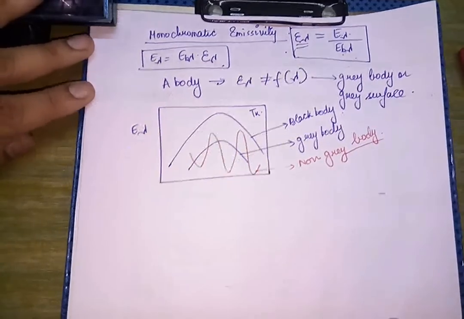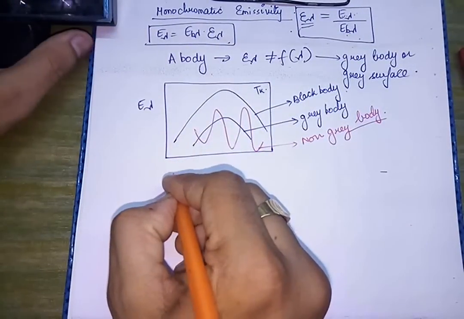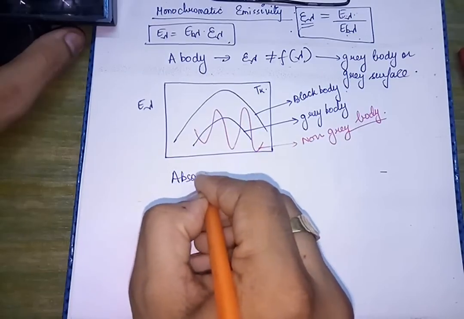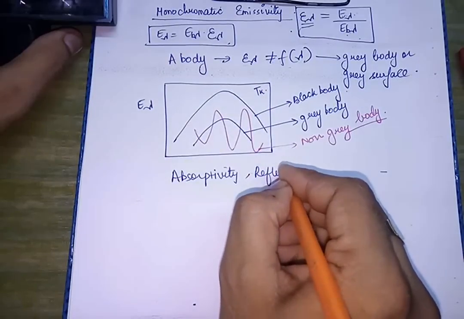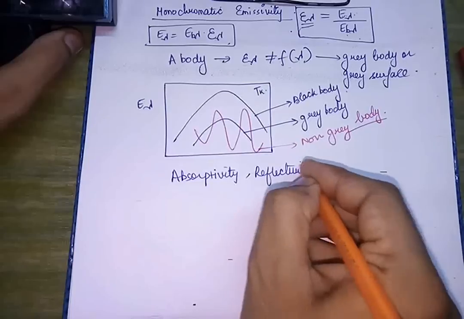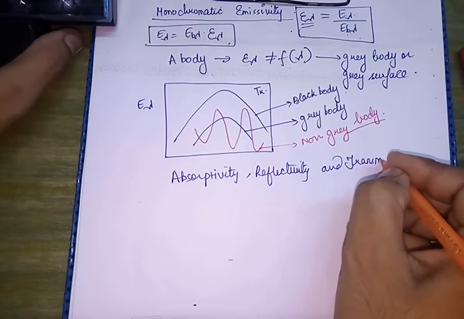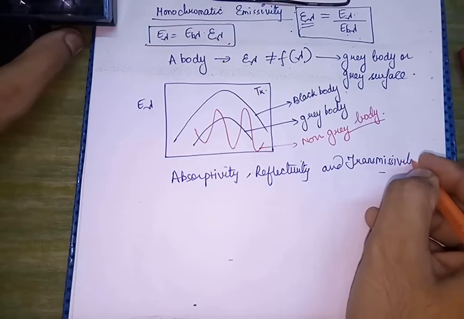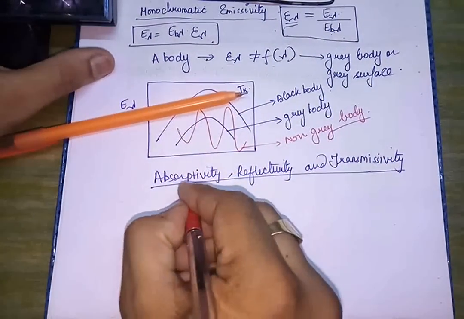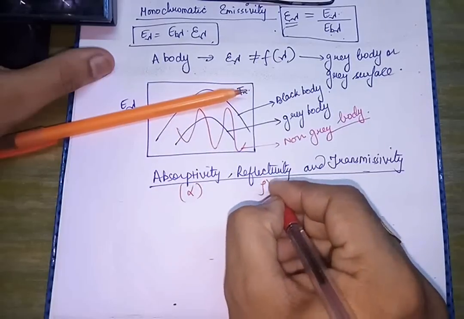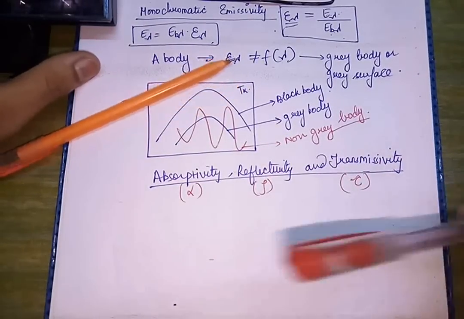Now we will come to another important topic: absorptivity, reflectivity and transmissivity. Absorptivity is represented by the symbol alpha, reflectivity by the symbol rho, and transmissivity by the symbol tau.